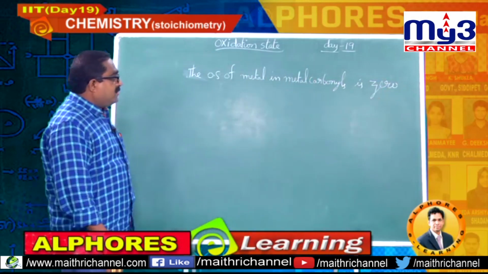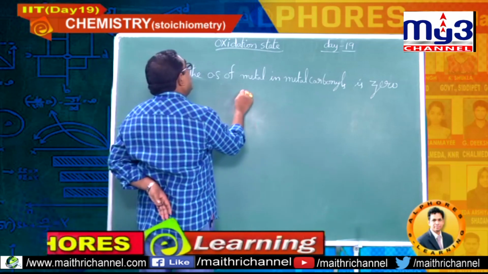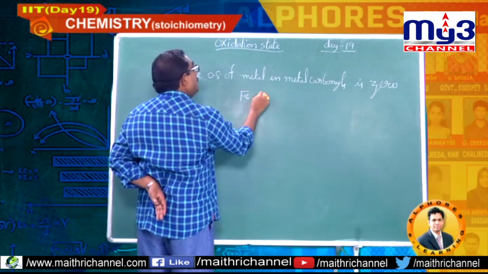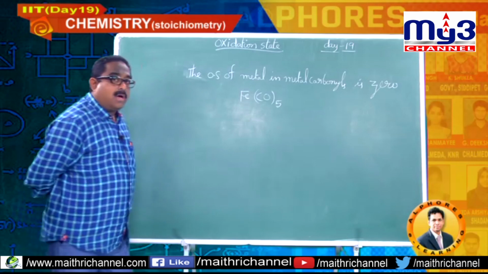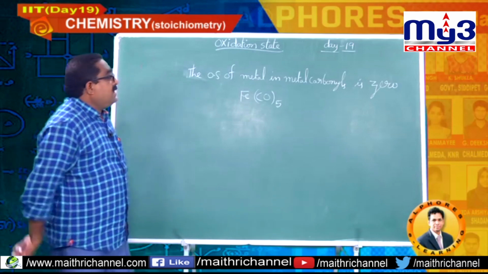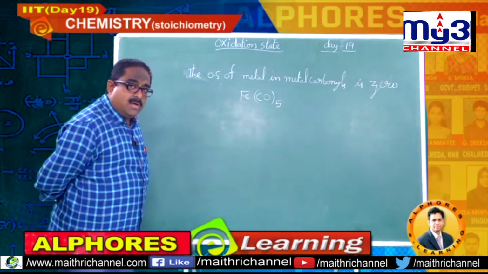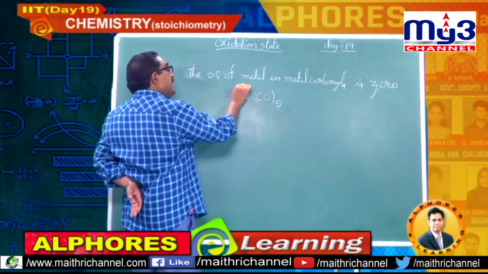Sir, what are the examples? What is this metal carbonyl? Say for example, if you take iron pentacarbonyl. Here carbon monoxide is a neutral molecule having no charge. So the oxidation state of iron you can take as 0.